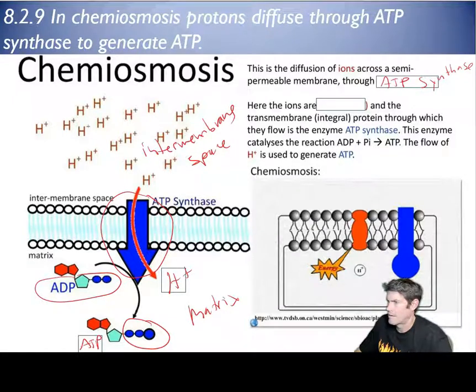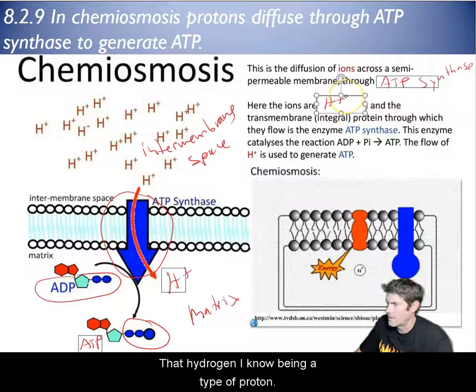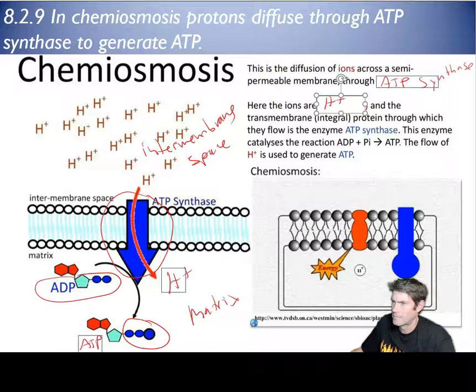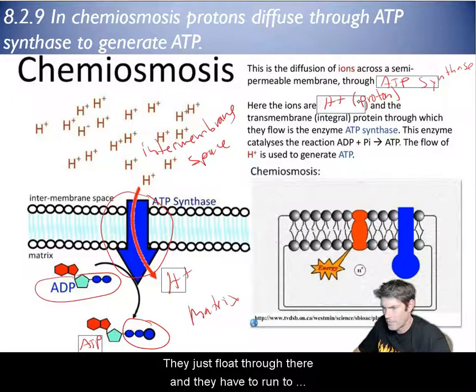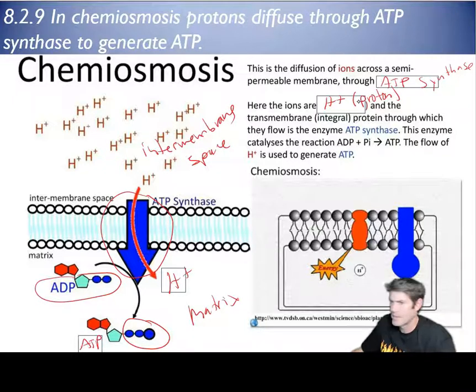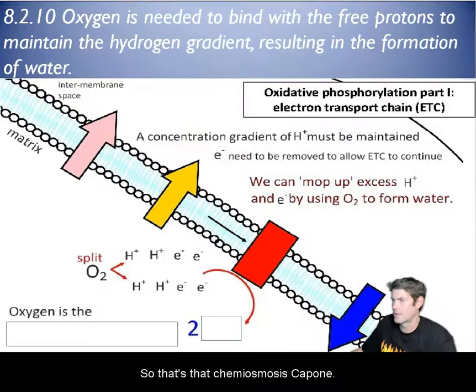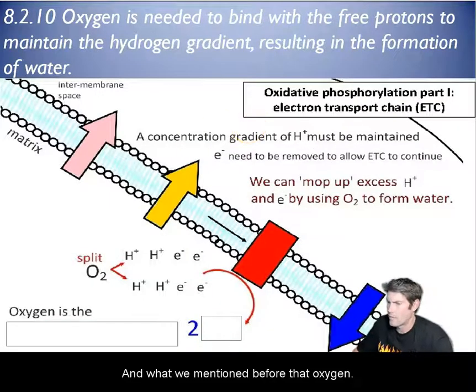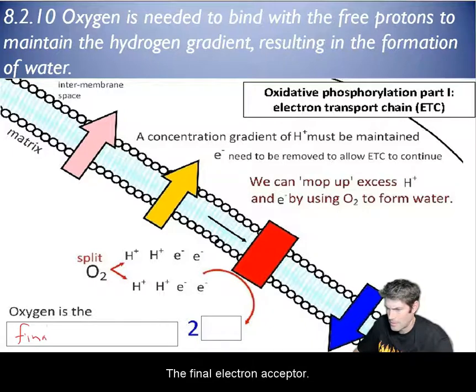And these ions, hydrogen, that hydrogen, being a type of proton. So I'll put that here, proton. They just flow through there and they help to regenerate that ATP. So that's that chemiosmosis component. And like we mentioned before, that oxygen is the final electron acceptor.